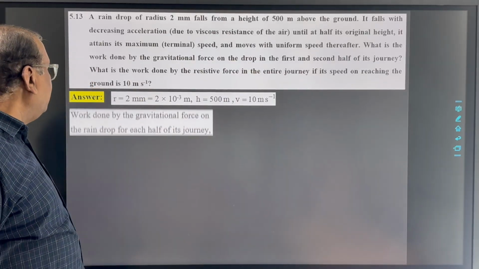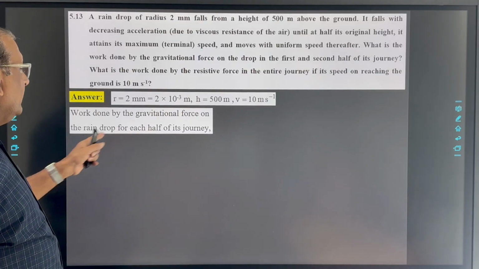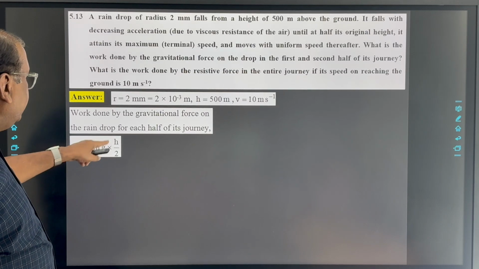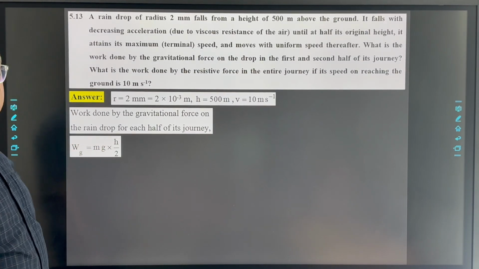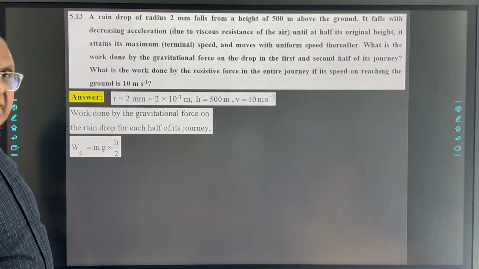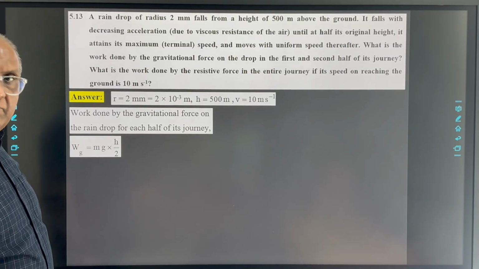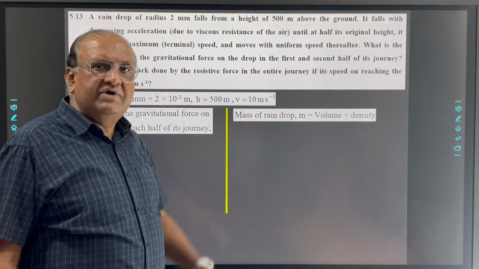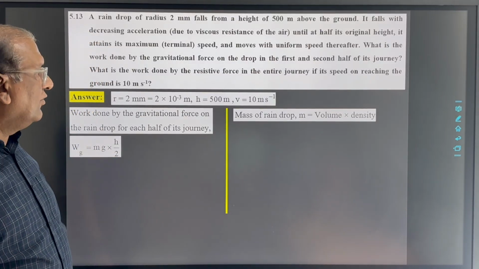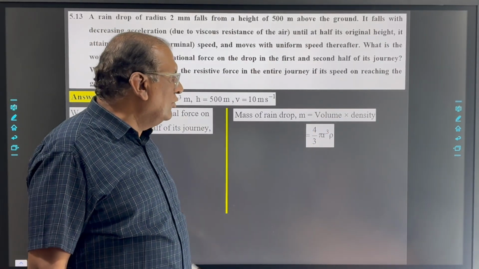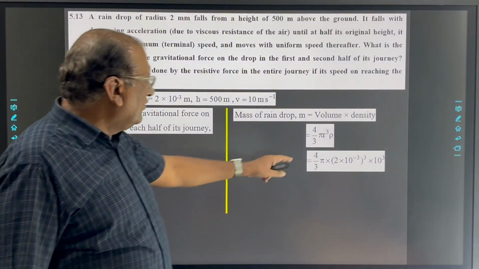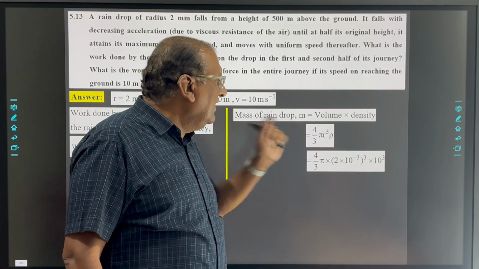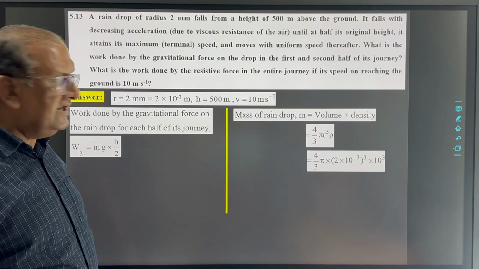Okay. So work done by gravitational force during each half is W_g = mg × h/2. m, that is mass of drop, is not given to you. That we have to find. So mass is volume into density. Volume is 4/3 πr³. Density is ρ. Now substitute the values. 4/3 π times (2 × 10^-3) whole cube, and density is 10^3.